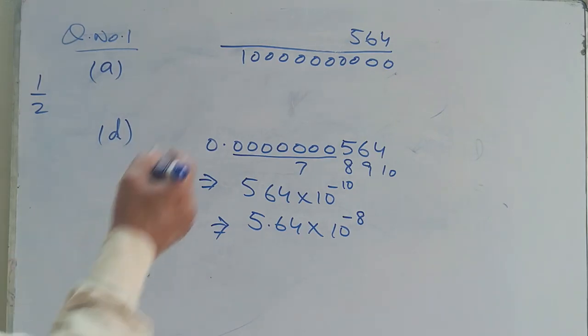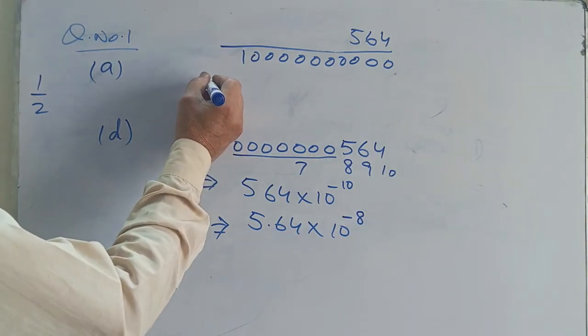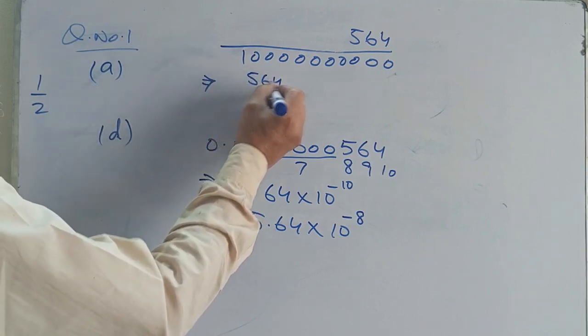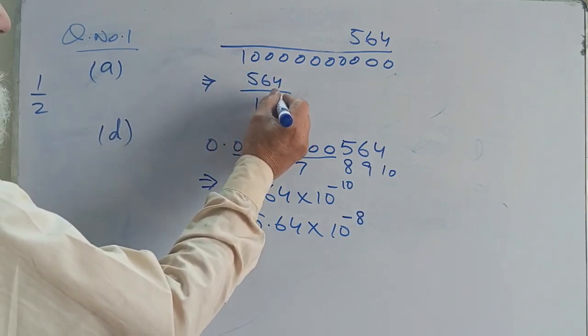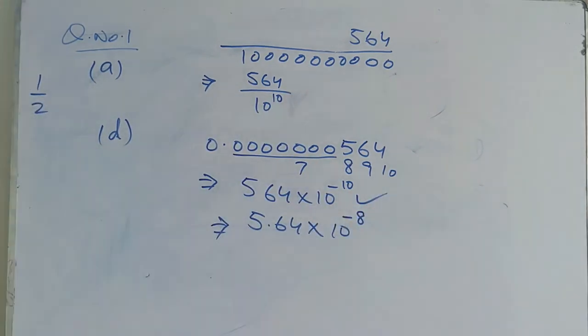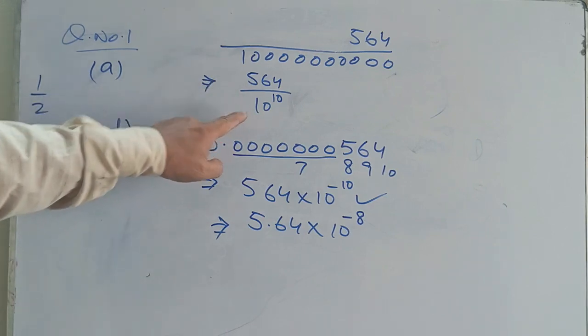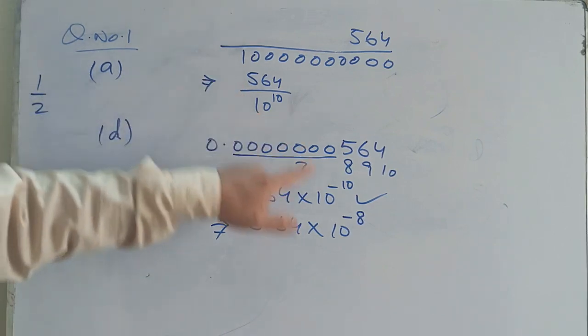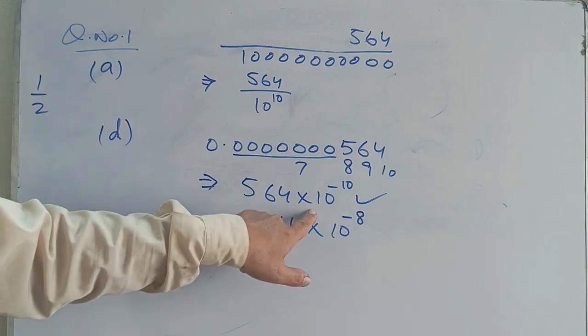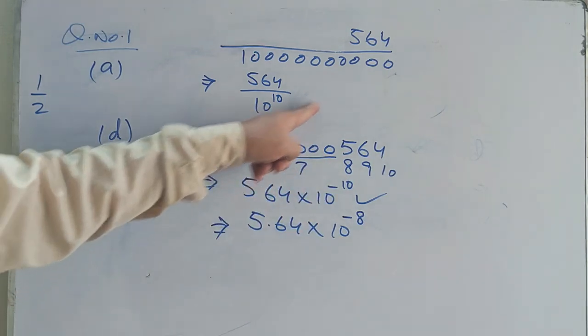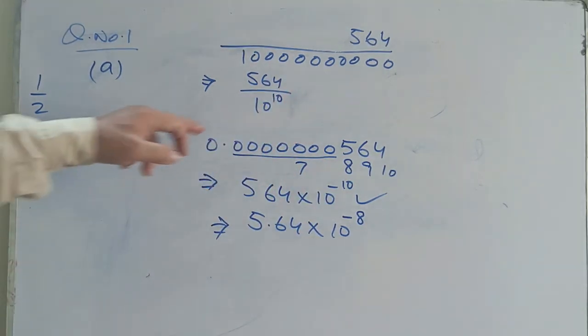In simple writing, I can write it like this: 564 divided by 10 raised to power 10. So this step has appeared: 564 over 10 raised to power 10, which is 564 into 10 raised to power minus 10.